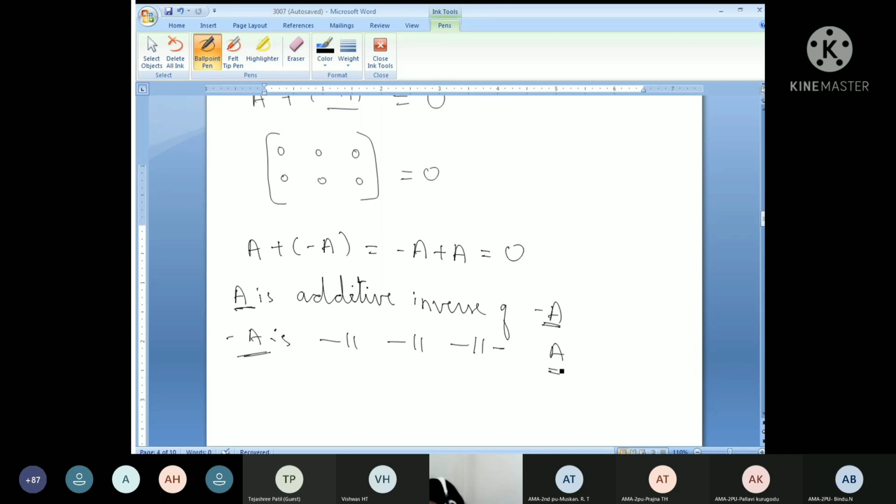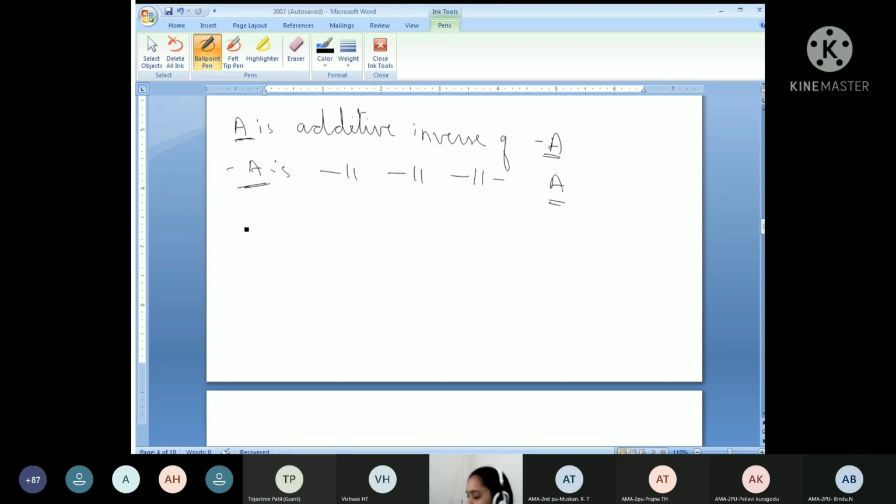Now I have to go for properties of scalar multiplication. If you have doubts, just message me. So I have to go for properties of scalar multiplication.